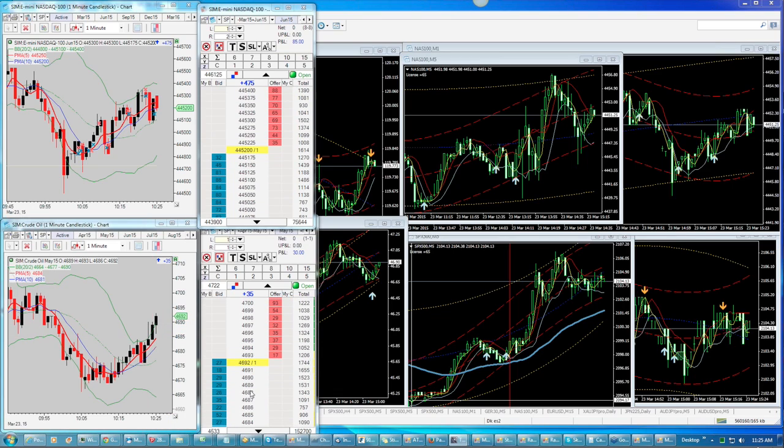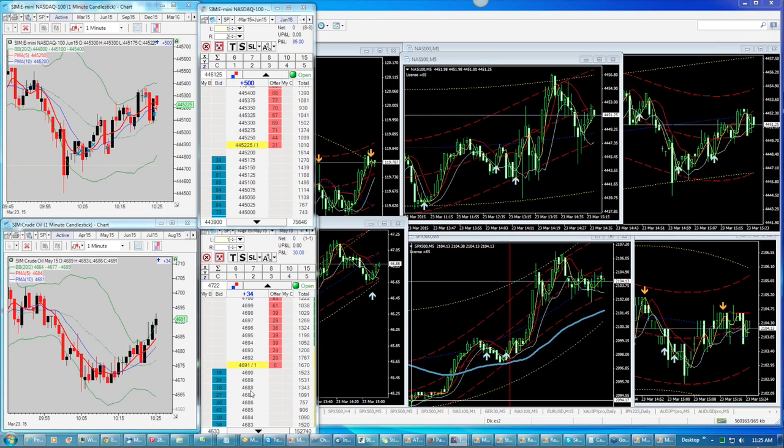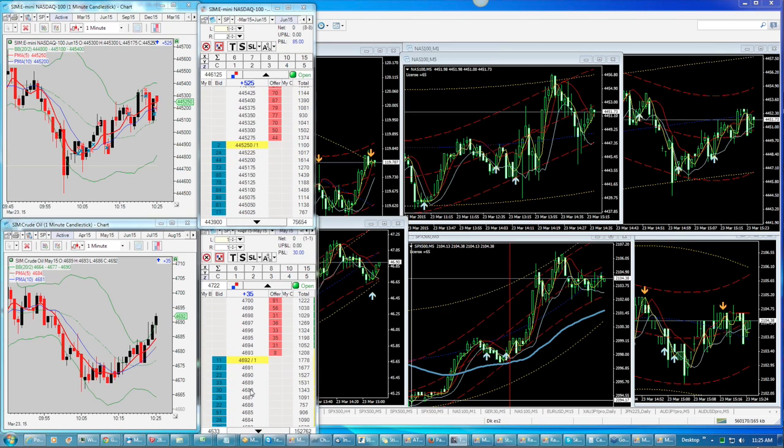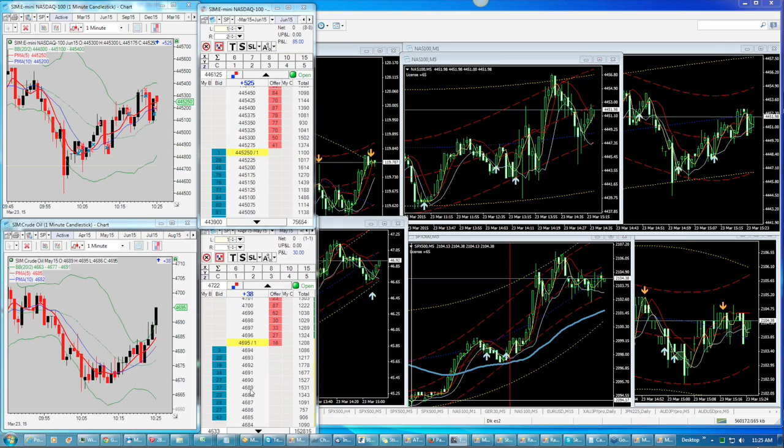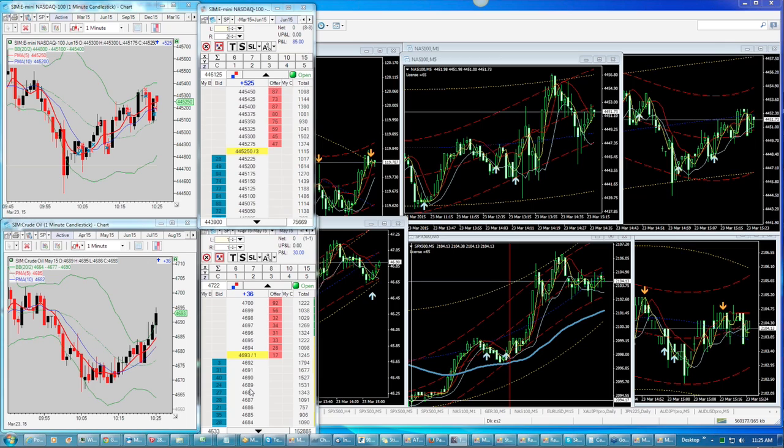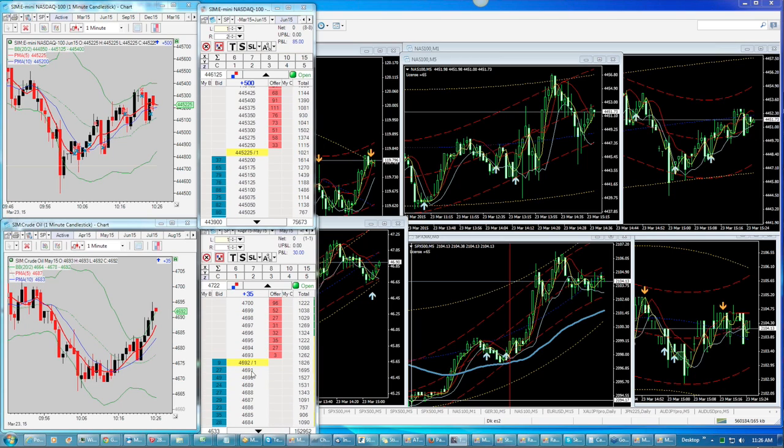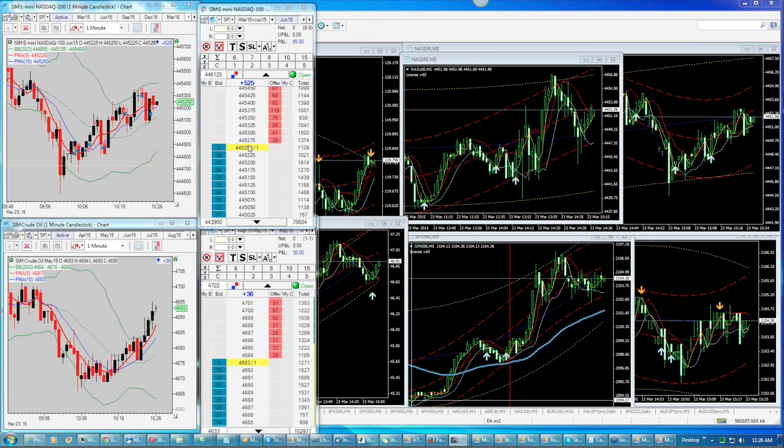Decent push higher. The key with this is you just want to stay out of trouble.